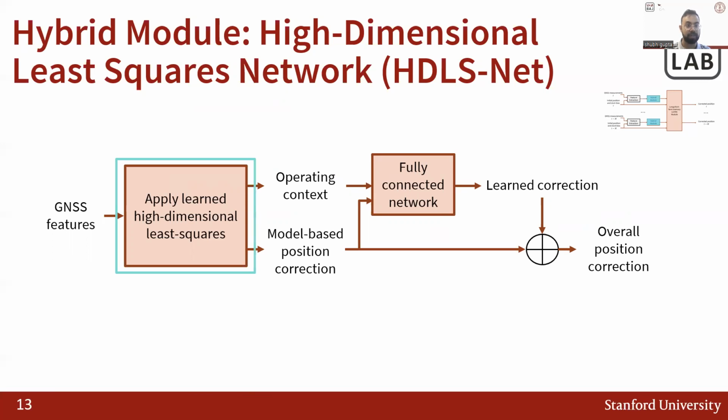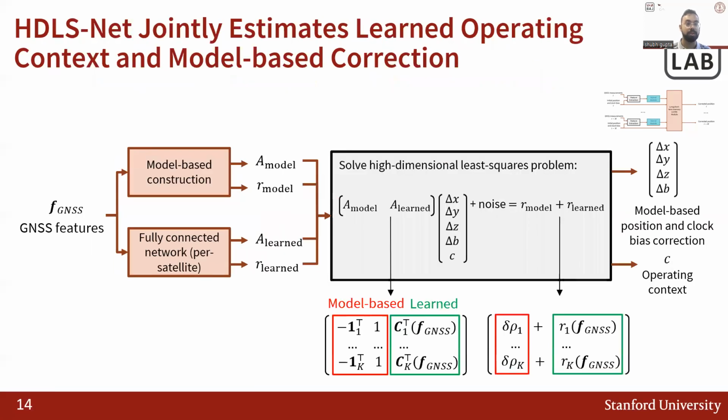Next, I will talk about this learned higher dimensional least squares operation. To perform this learned operation, HDLS-Net jointly estimates the learned operating context with the model-based correction using least squares. To perform that, we start from the GNSS features and construct the model-based geometry matrix and residuals, as in the top block. Simultaneously, we also pass these features through a fully connected network for each satellite to produce learned values of these matrices as well as corrections.